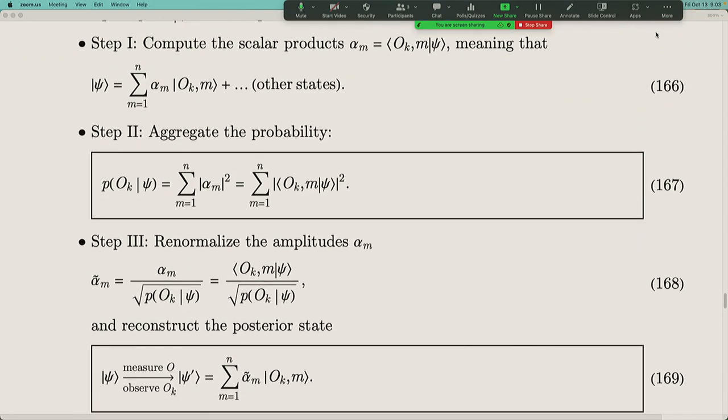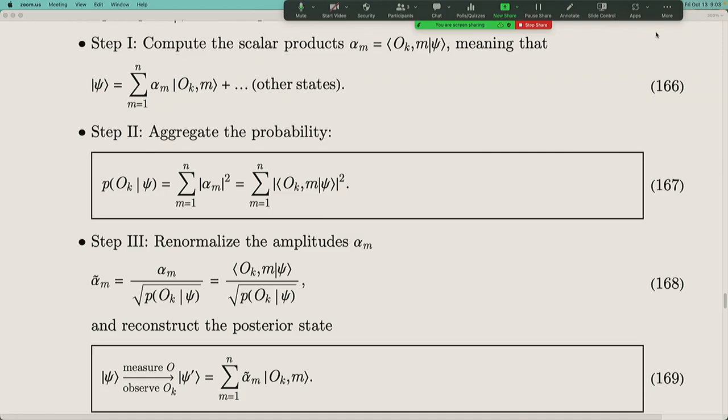After observing this eigenvalue, the state will again collapse. But now it doesn't collapse to any particular state; instead it collapses to a superposition of all these degenerate eigenstates. The superposition coefficients are computed from the original coefficients followed by a normalization.